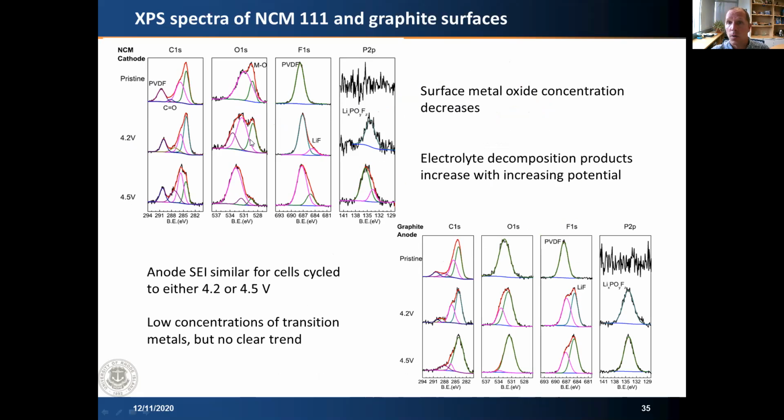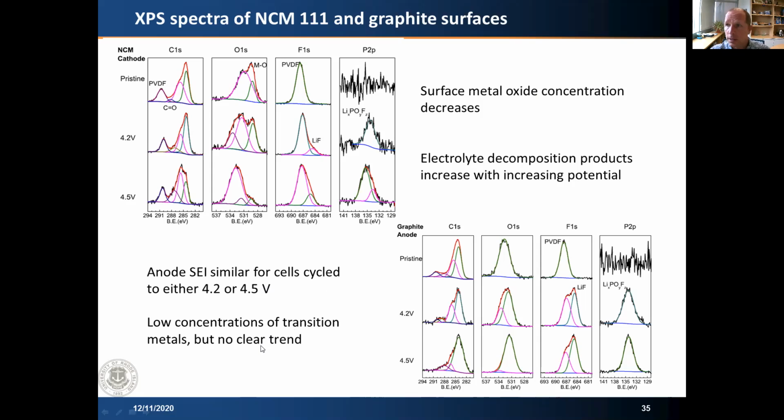So what this suggests is that going to higher potential results in electrolyte decomposition and an increased concentration of electrolyte decomposition products, which may correlate somewhat with the increased impedance, yet we didn't observe a significant capacity loss or efficiency fade. The anode SEI is quite similar for cells cycled to either 4.2 or 4.5 volts, and there are low concentrations of transition metals for all cells.